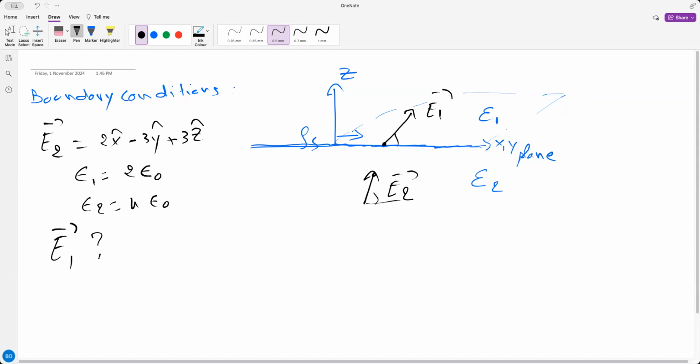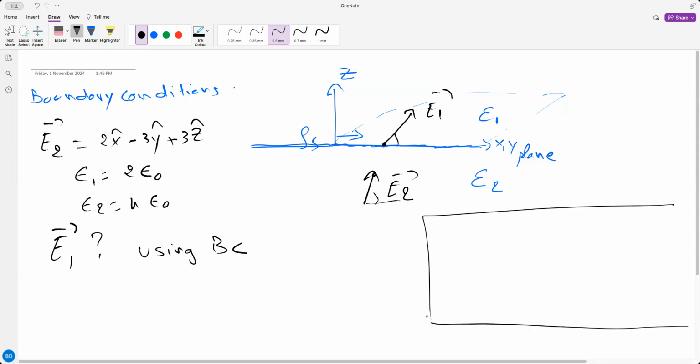Now, we know using boundary conditions. What are the boundary conditions? The boundary conditions in electrostatics tell us that the tangential component of electric field 1 is equal to the tangential component of electric field 2.